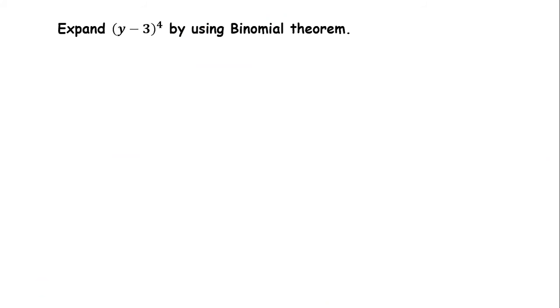Next question, y minus 3 powered 4. How do we simplify? Same method. So let's start. Y minus 3 whole powered 4. We start from 4c0, 4c1, 4c2, 4c3, and then 4c4.